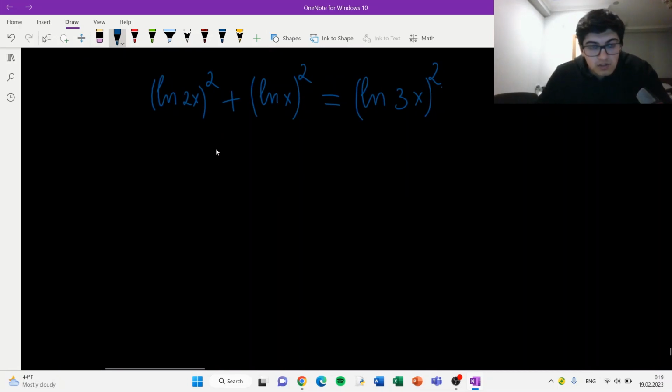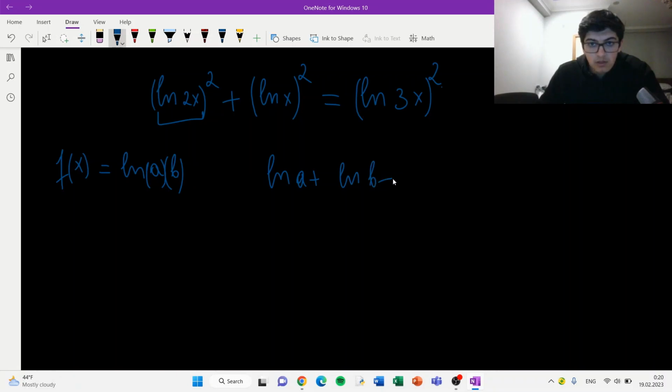And after this part, what we should do is use the property of the natural logarithm function. f(x) is equal to ln of a and b. Let's denote these two with brackets and use the property of this ln function. ln a plus ln b is equal to ln ab.